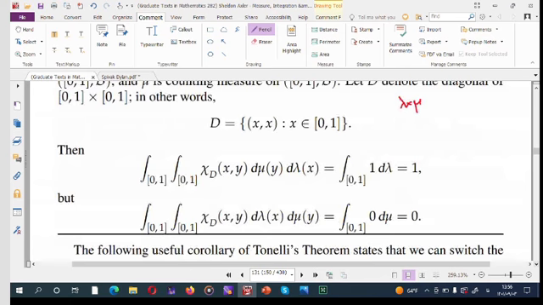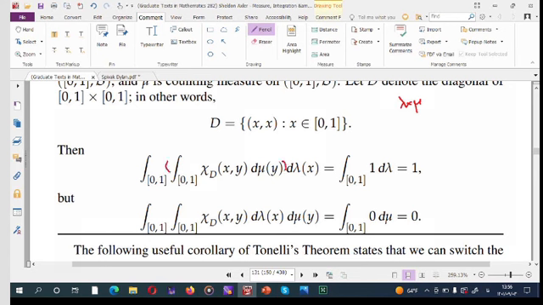Then we see that these integrals of phi of D, the characteristic function on this set, equal to, at first we must determine this integral.